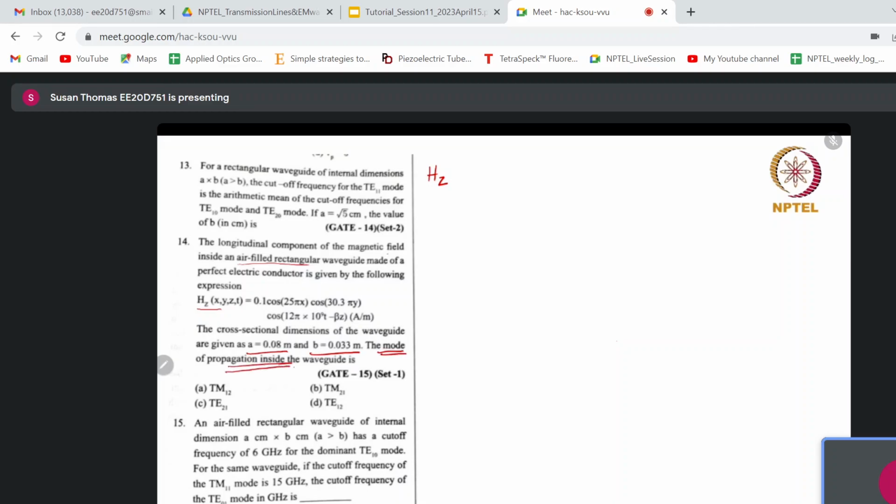So to find the mode of propagation, always remember we need to look at the HZ expression. If you see, HZ is not equal to 0, but EZ is 0. So from there itself we get the idea that EZ is 0, it's a TE mode.